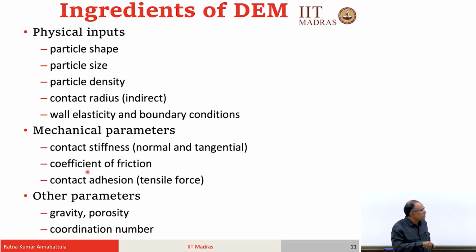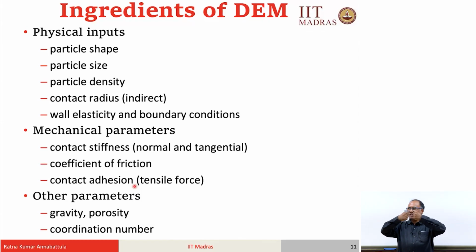That is, the coefficient of friction is another parameter, and the contact adhesion. What do we mean by contact adhesion? If you have two particles that are bonded, and you are trying to separate them, will they immediately separate or will they offer some resistance? If they are not bonded, suppose two particles come together and touch each other.